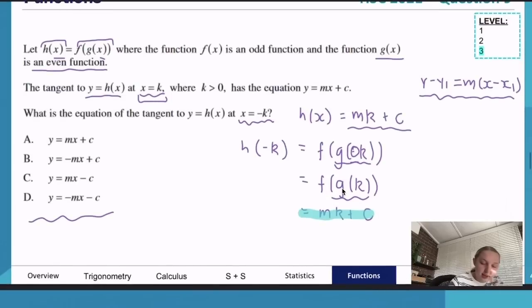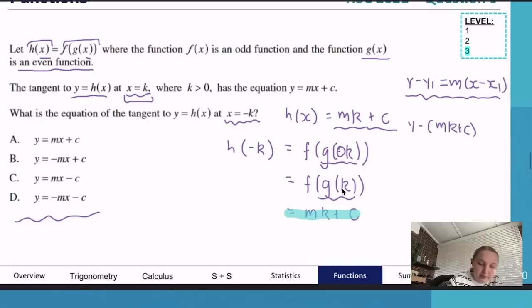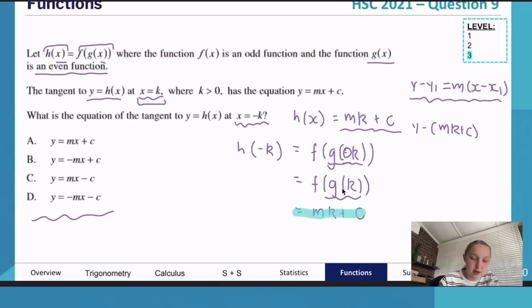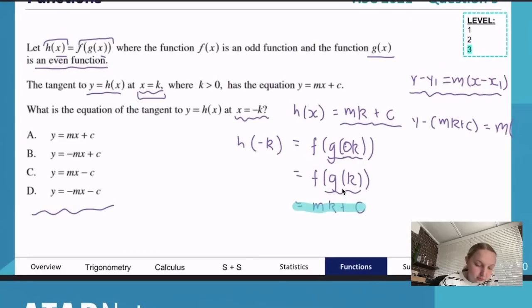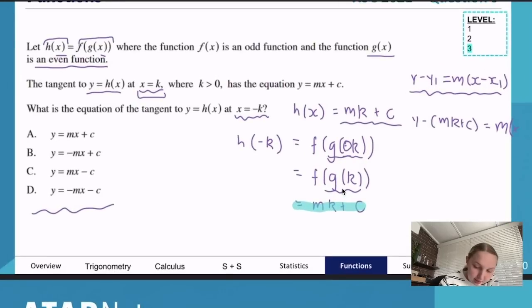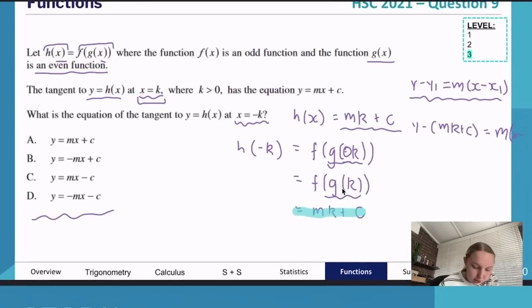So we're then going to do y minus y1, and that's going to equal m multiplied by x minus, oops, I just move this down a line, equals m times x minus our x1, which is negative k, so we're actually going to get positive k.